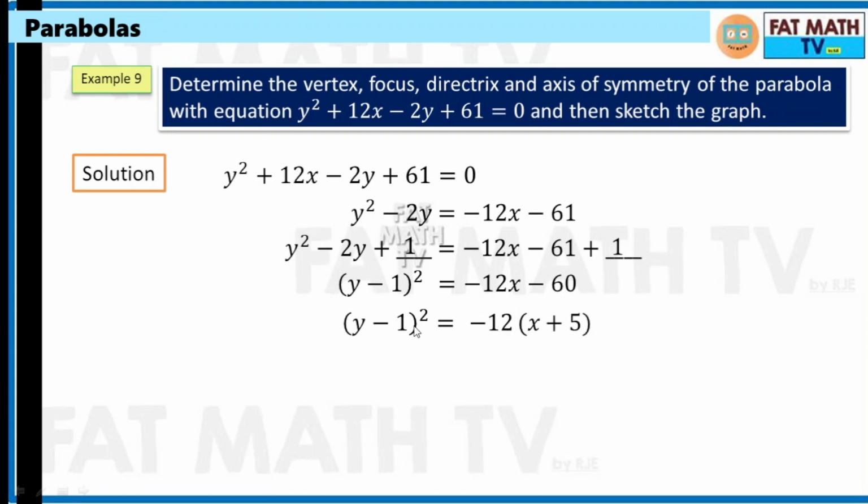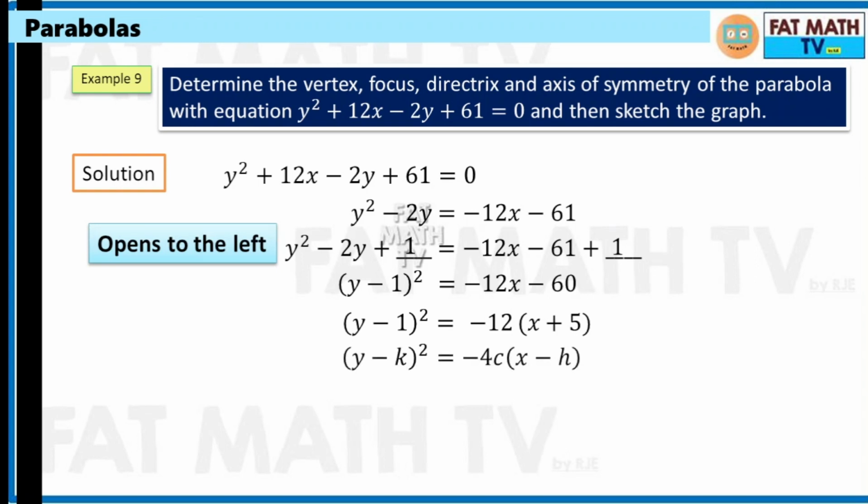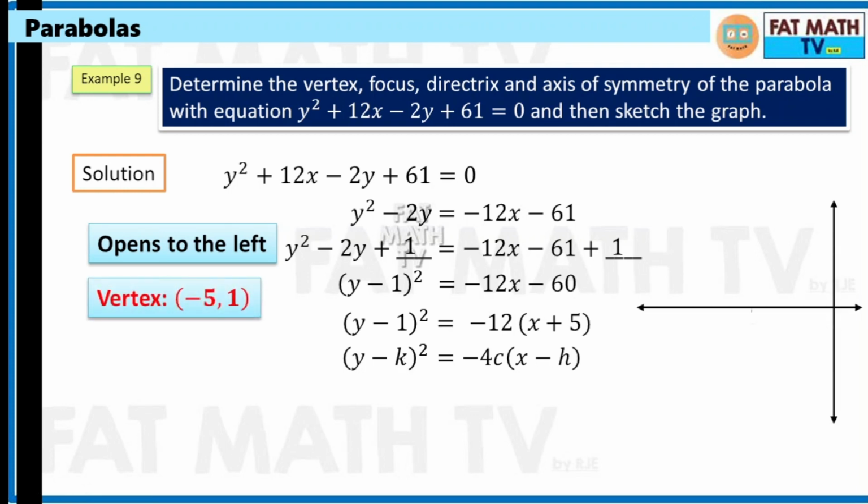And as you can see, this is already in standard form. y is being squared, negative on the right side, so the parabola opens to the left. And then our h is negative 5 and k is positive 1. So (negative 5, 1) is in the second quadrant, and the parabola opens to the left.